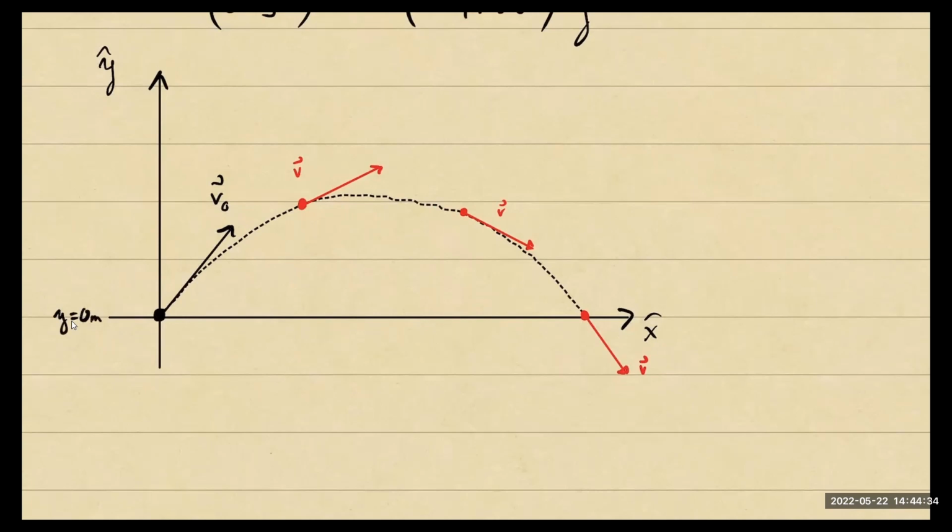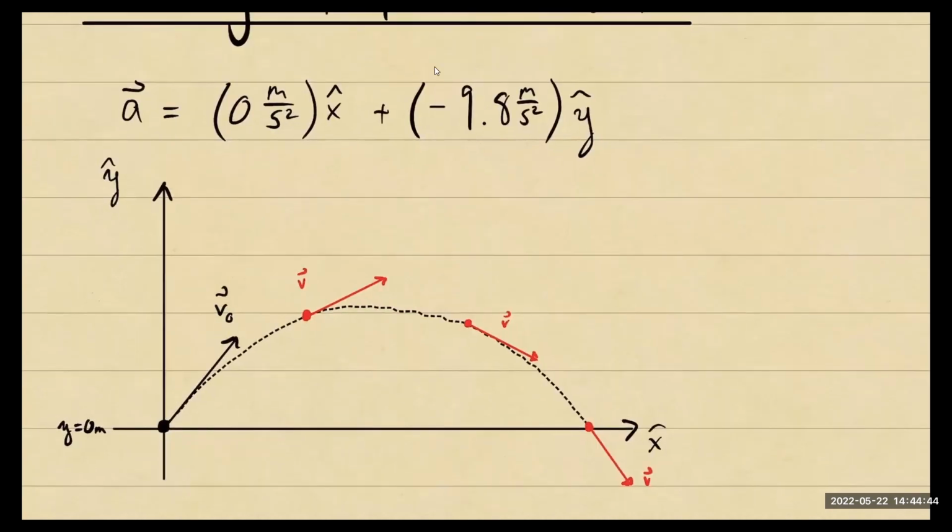So we need to know the initial height of the object, and more importantly, we need to know the initial velocity of the object. With these two pieces of information, coupled with the fact that we know the acceleration is only acting in the y direction and is pointing downwards, we can figure out the trajectory of our projectile. When we see a few problems working with this stuff, you guys will get familiar with it. And again, if you have any questions at any point in time, please just ask about it, okay?